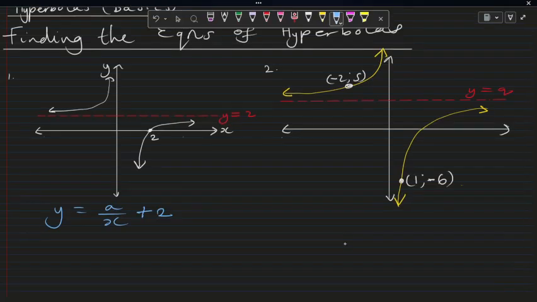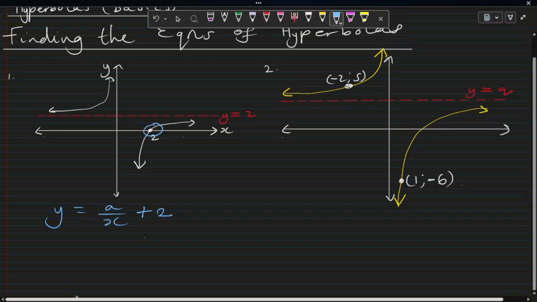Okay. And then we are also given a point. We are given an x-intercept: when y is equal to 0, x is equal to 2. So what we will do is take the coordinates of this point, plug it into this equation, and use that to get the value of a. Let's do that. Plugging in this point, y is equal to 0 and x is equal to 2.